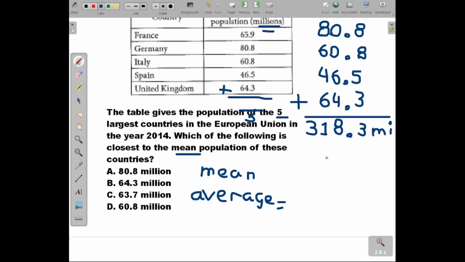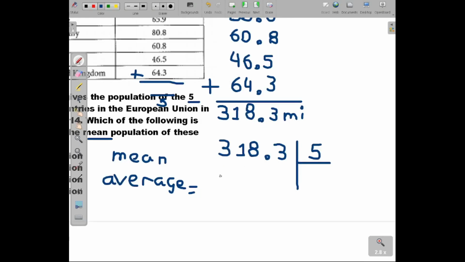Now we divide this 318.3 million by the number of countries we have, which is 5. Now, which number multiplied by 5 is less or equal than 31? 6, because 6 times 5 is 30, and we'll have 1 left.